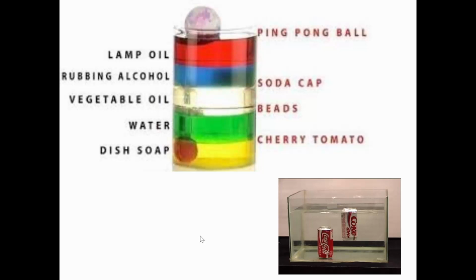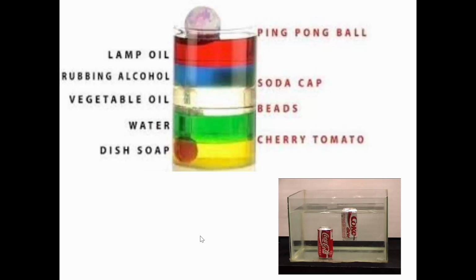If you put a can of diet soda and a can of regular soda in water, the regular soda will sink. Why? You tell me. Because it's diet. So why would they be different? Danielle? Sort of.